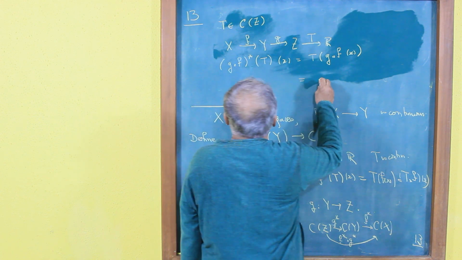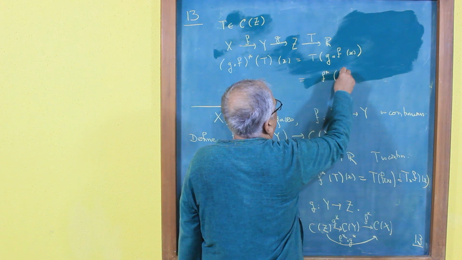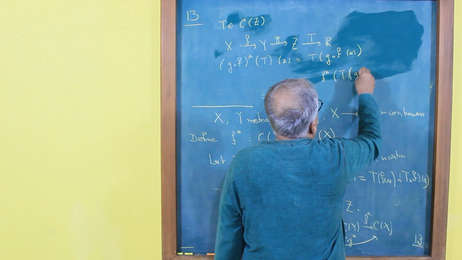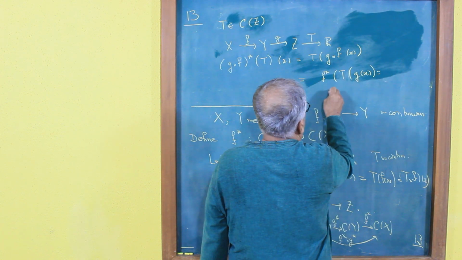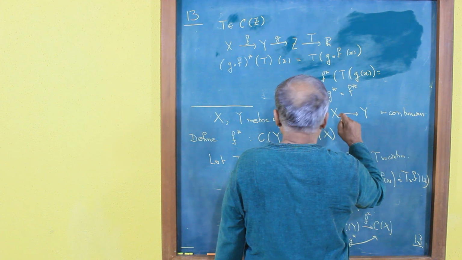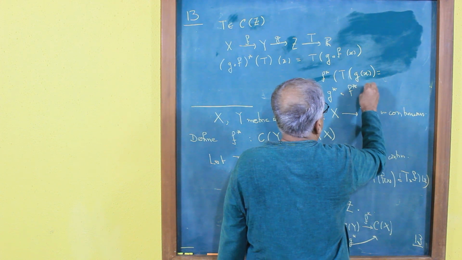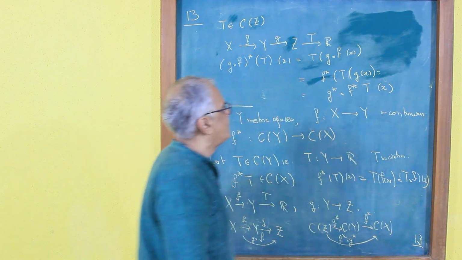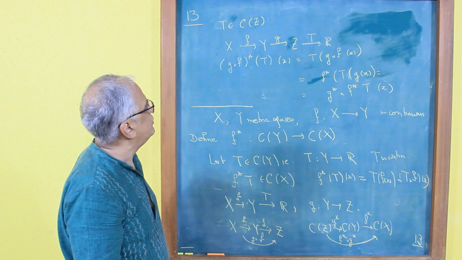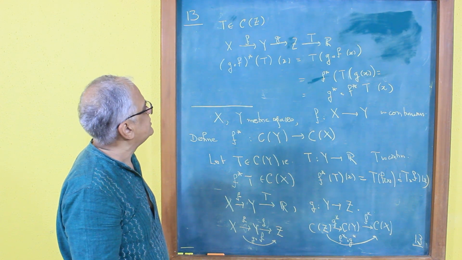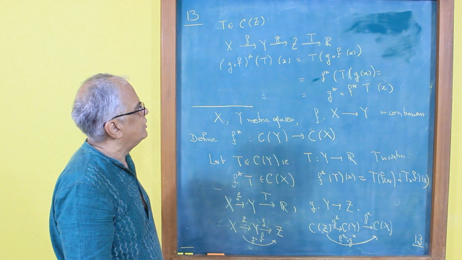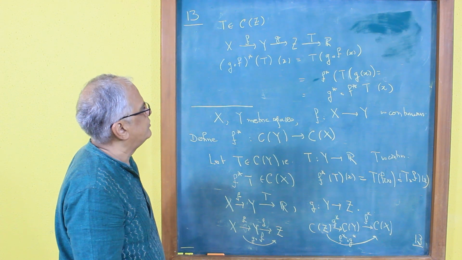It is F star of T at G of X. G composed with F star, its F star should go from C of Y to C of X. G of X is in Y, so T of G of X makes sense, and F star of this function is T of F of X.